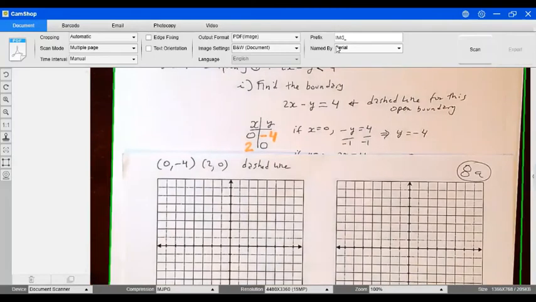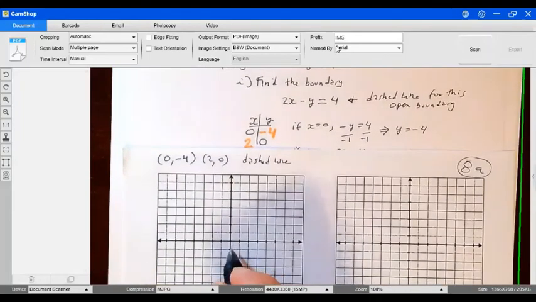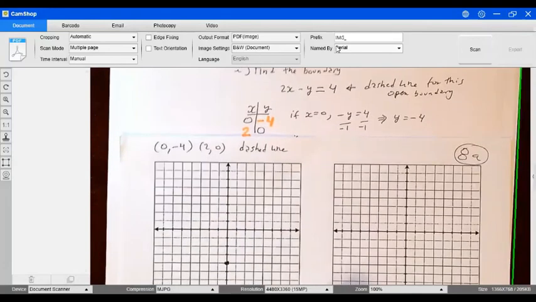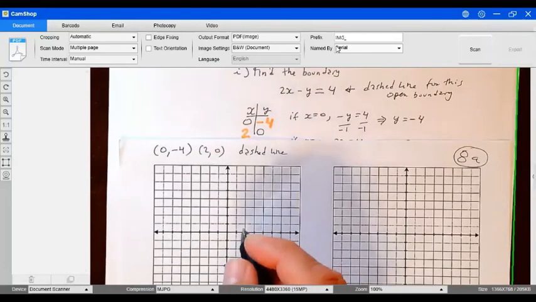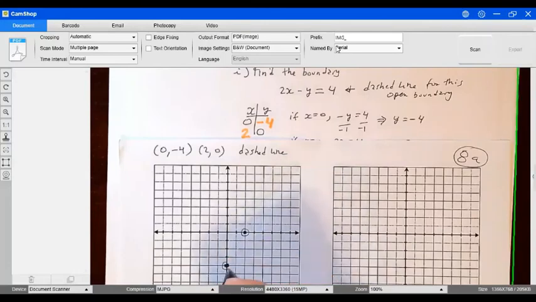So let's do that now. So we have 0, -4, and then -1, 2, 3, 4. So that's 1 point for the first boundary, and the other one is 2, 0. So this is 2, 0. So these are the 2 points defining the first boundary.